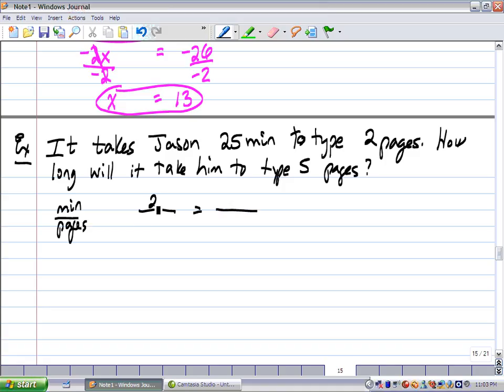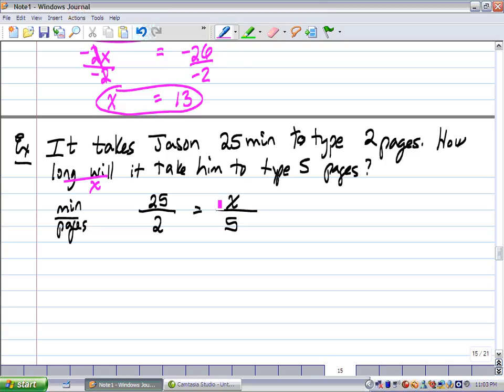So it takes him 25 minutes to do 2 pages. How long? I don't know how long. So I'm going to call this X. So how long, or X minutes, it will take for 5 pages.